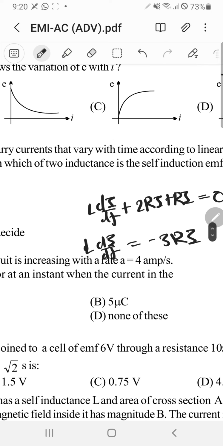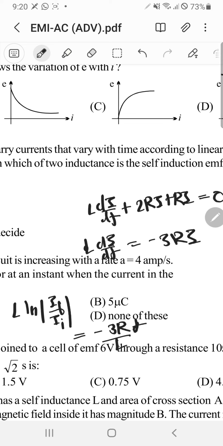And that means that L natural log of I final upon I initial is going to be negative 3RT upon L. Is that right?